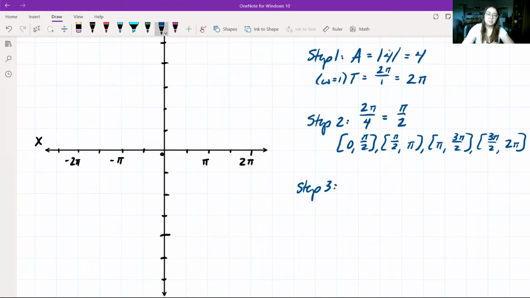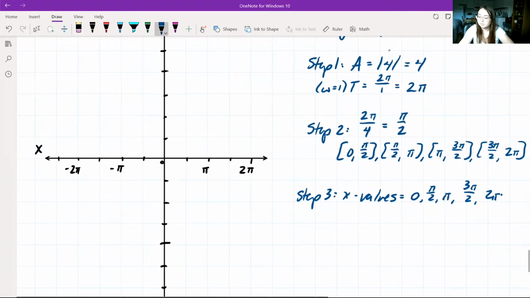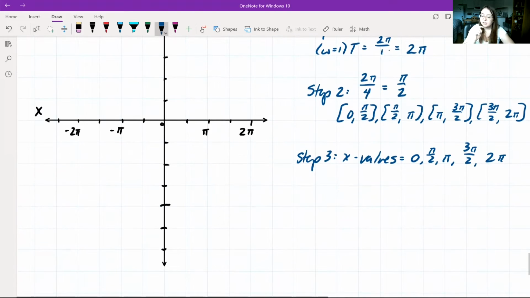And just like before with step 3, identifying our x values, our endpoints of our subintervals, they're going to be 0, pi over 2, pi, 3 pi over 2, and 2 pi. So the exact same x values that we had before. And now we want to find those y values. Our function is y equals 4 secant of x, so our first x value is going to be 0.